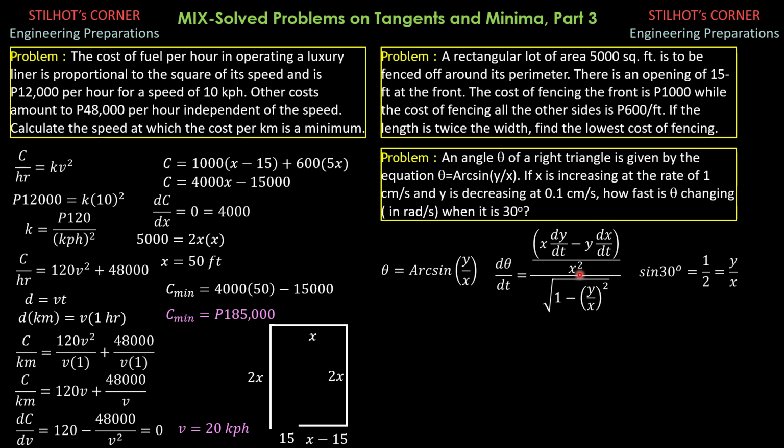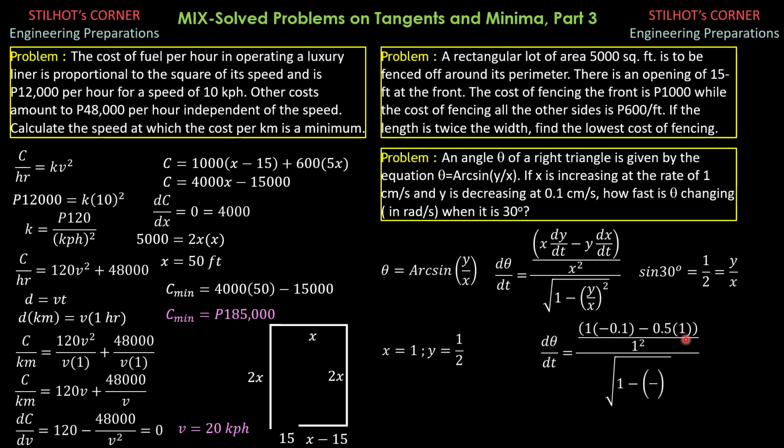Divided by 1 squared, over the square root of 1 minus 0.5 squared. So d theta dt is equal to 1 times negative 0.1 minus 0.5 times 1, over 1 squared, times the square root of 1 minus y over x, which is 1/2, quantity squared.